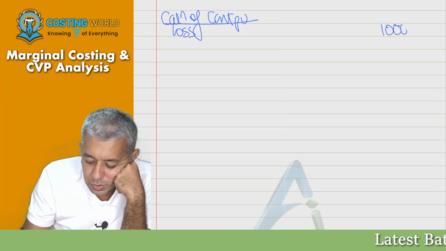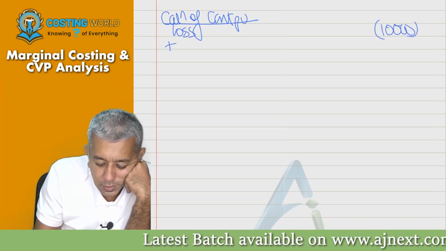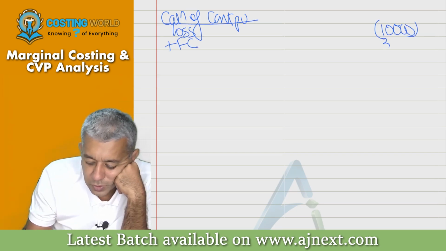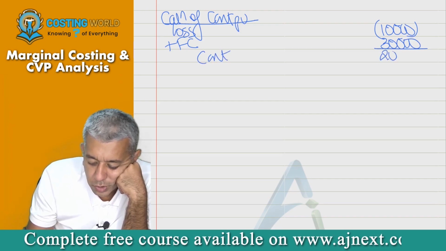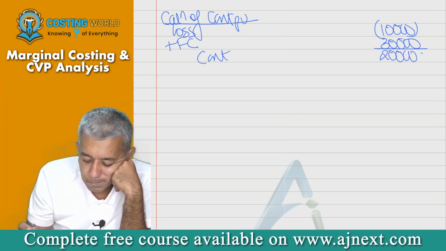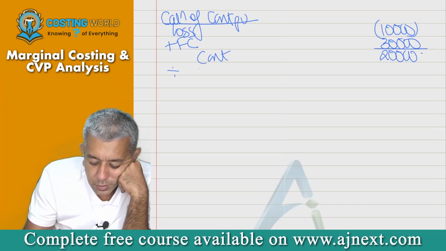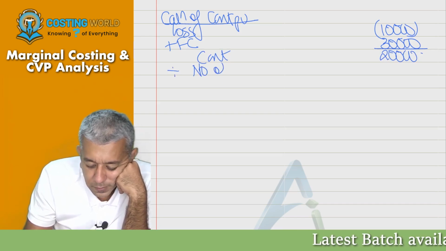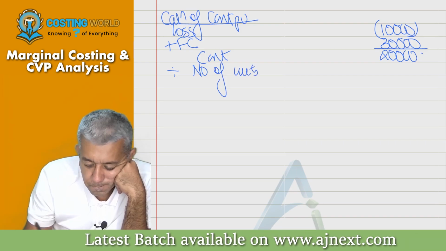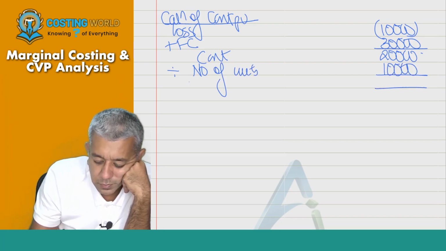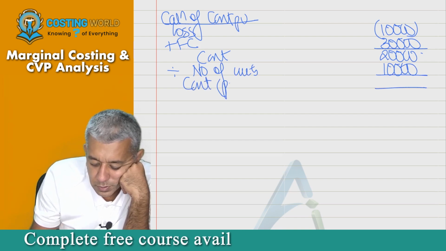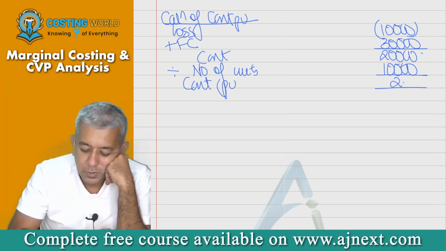Loss 10,000, add fixed cost 30,000, contribution 20,000, divided by number of units 10,000. This will give you contribution per unit 2 rupees.